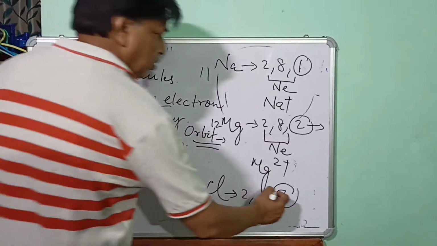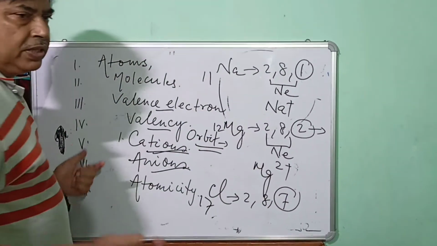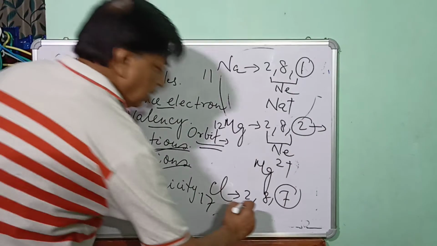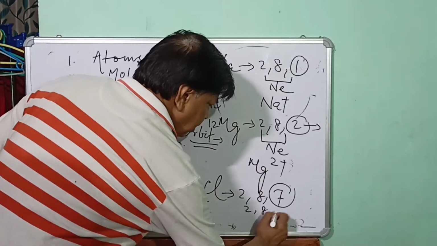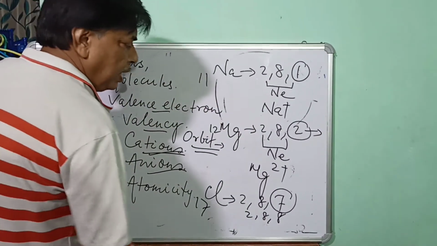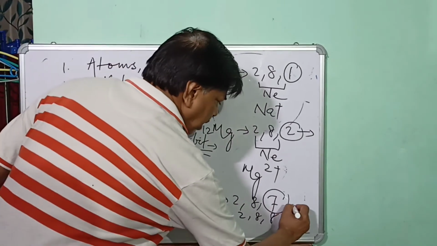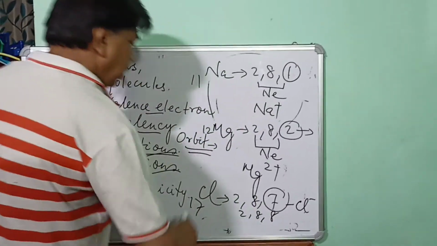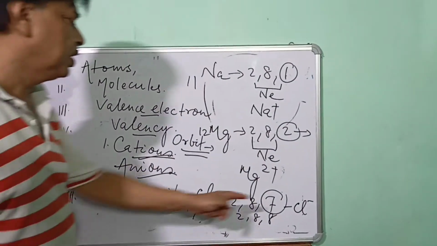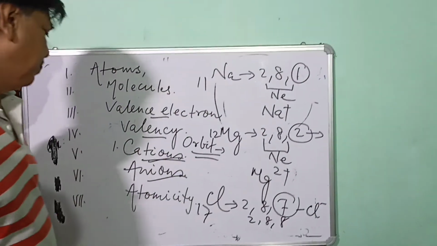So it will not lose 7 electron, it will easily gain 1 electron, and that will get the nearest inert gas configuration of argon, and its charge will be Cl-, anion will be formed. So after gaining 1 electron, it forms anion.